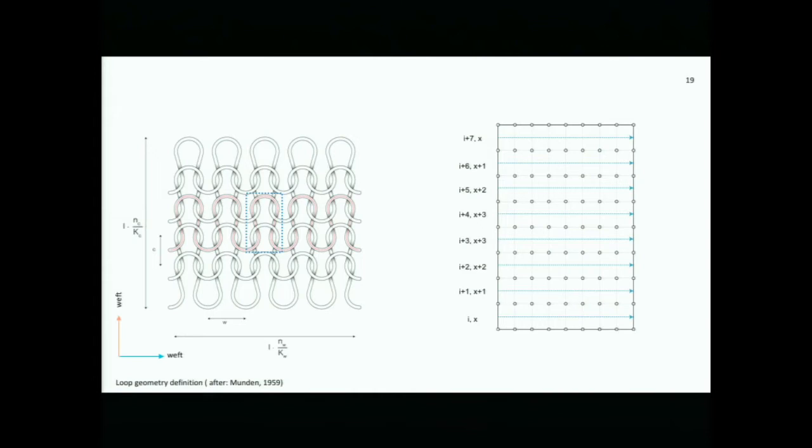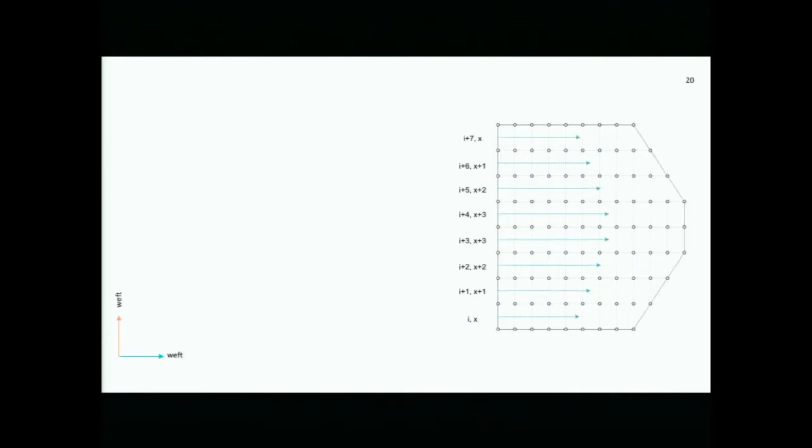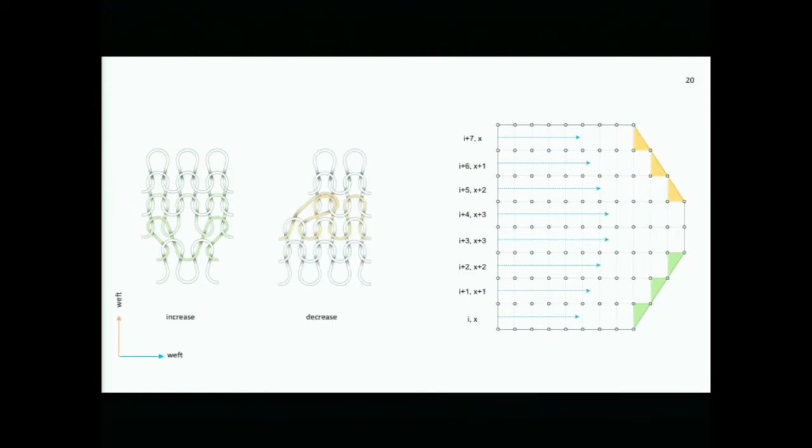And if we think of it this way, there are 3 simple operations that enable us to create 3D geometry directly. First off, if we would like to create a widening of the surface, we can use a so-called increase. And if we would like to create a narrowing of the same surface, we would use a decrease, which is a removing of a loop.